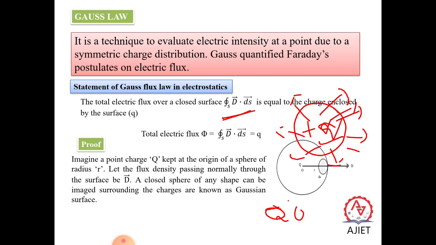Generally, it doesn't have any particular shape or size. The charges may be located anywhere within the surface, and the chosen Gaussian surface must not pass through discrete charges because the electric field is not well defined at the location of the charges. So a Gaussian surface is a surface drawn such that the charges are enclosed within it.